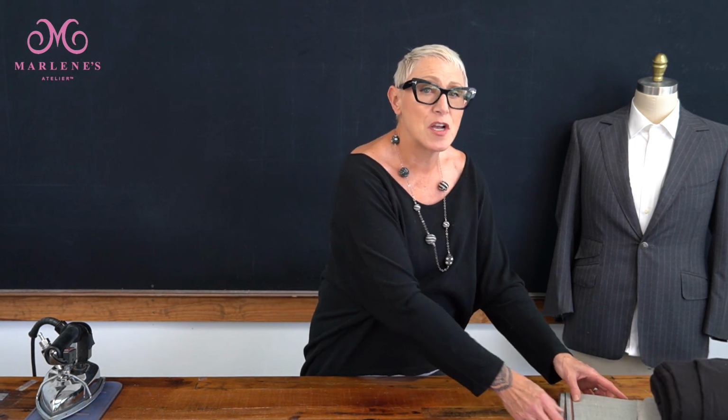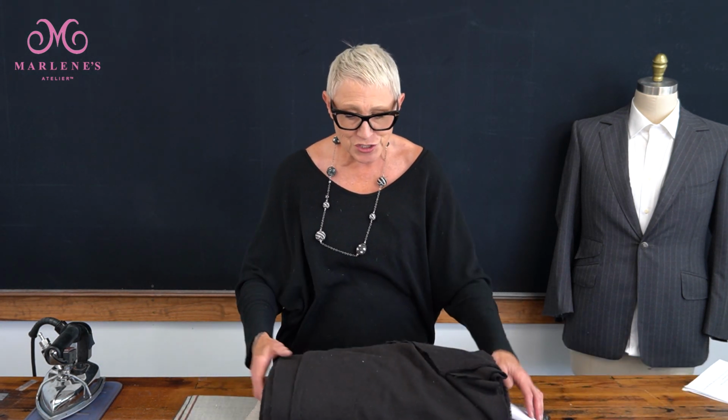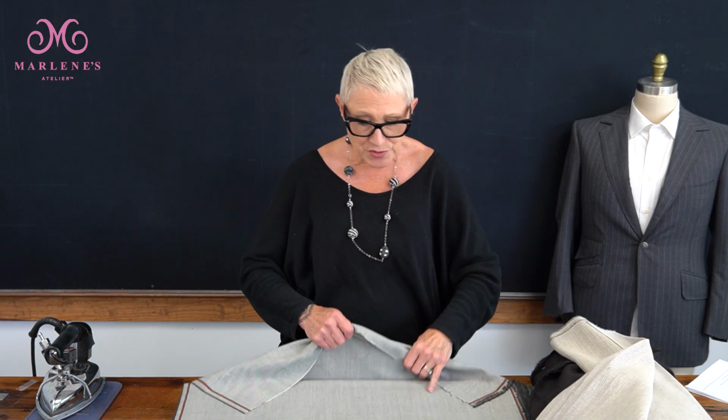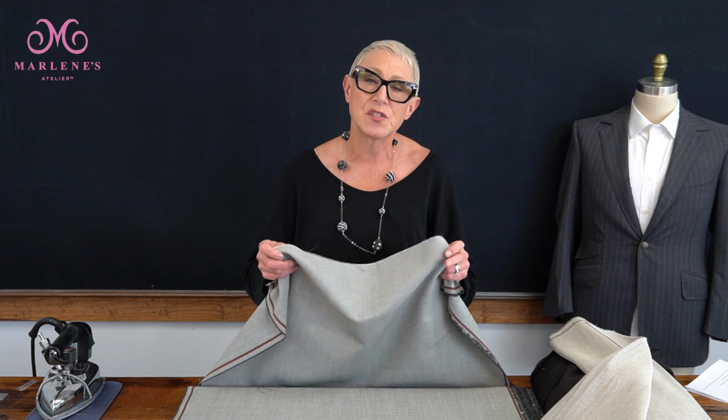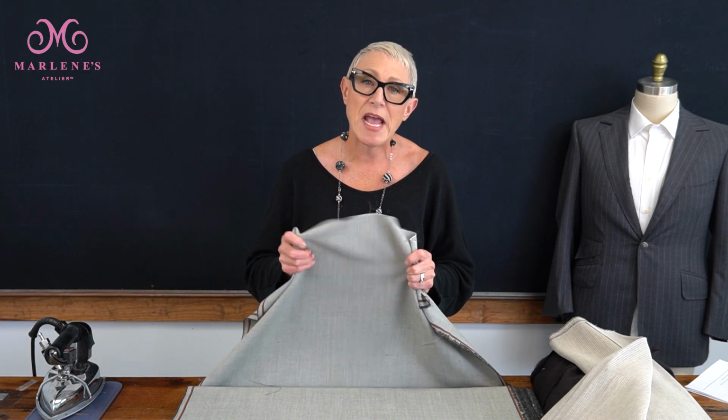We also want to talk about construction. We want to talk about internal construction too, okay? So what we're going to do, I told you we were going to give the front of this jacket foundation. And so what we're going to do is we're going to use this beautiful canvas, which is a combination of wool and viscose. And why this is so nice is because it too has a lot of drape.